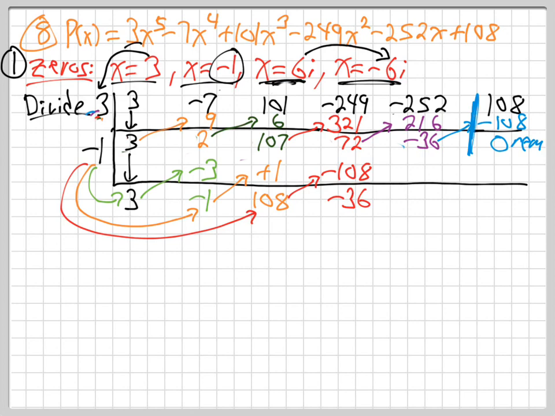And the last step, -1 times -36 is +36. Add them up. No surprise, 0 remainder for that one. See how it's getting smaller, our answer, the remainder is moving over? All right, now, so we've done those two. We're down to this point.